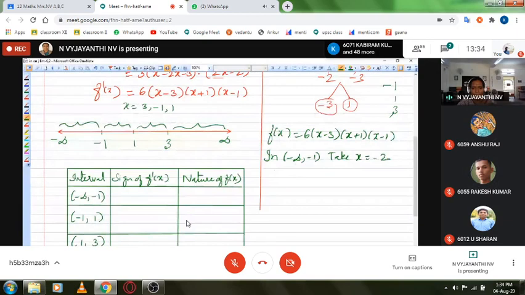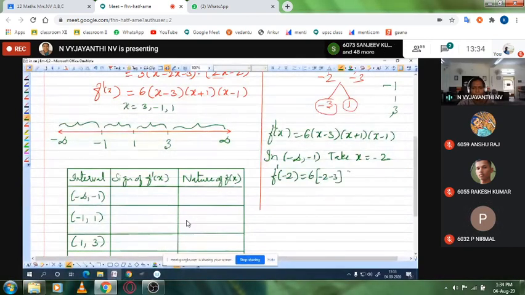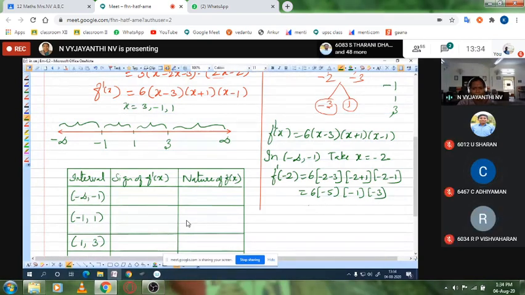So f dash of minus 2 is 6 into minus 2 minus 3, minus 2 plus 1, minus 2 minus 1. That is 6 into minus 5 into minus 1 into minus 3. What will we get? Minus into minus is plus, plus into minus is minus, isn't it? So it is negative.